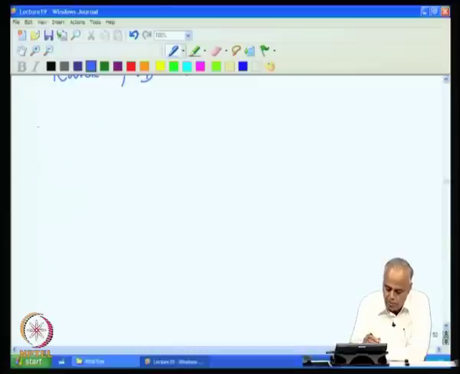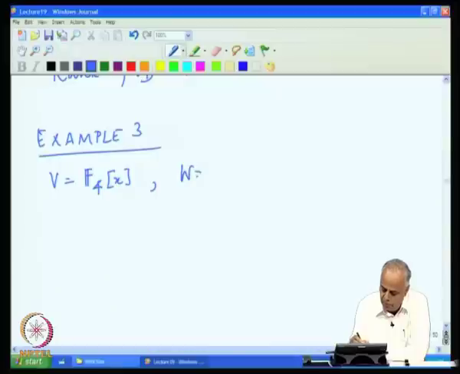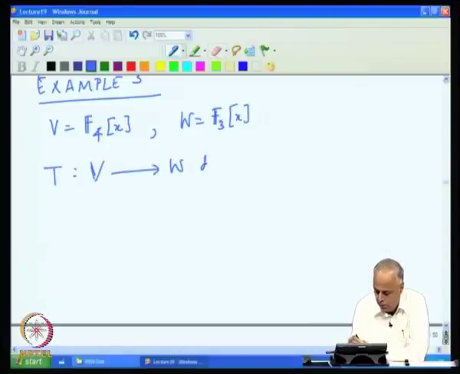We will see one more example similar to the one above. Take V equal to P4(x) and W equal to P3(x), and then consider the transformation, let us call it T, because D we use for differentiation, T mapping V to W defined as T of p is the second derivative of p.